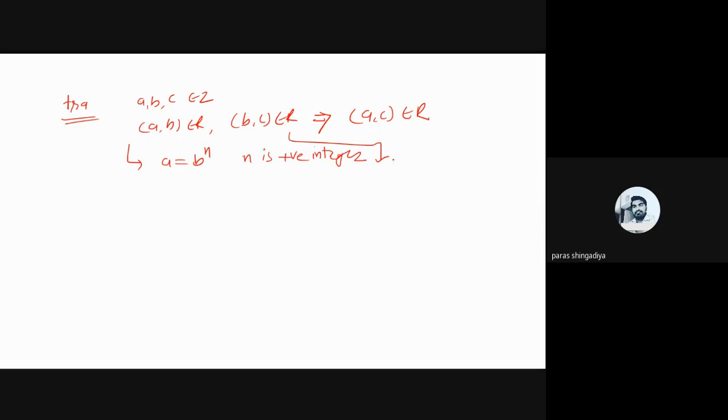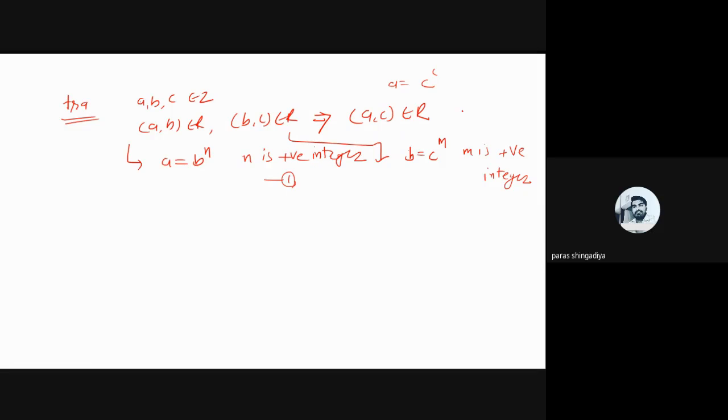Now for bc belongs to R. When we say b comma c belongs to R, it means b can be written as c raised to m, where m is a positive integer. So by using these proof formulas, we will check that a comma c also belongs to R. We have to prove that a can be written as c raised to any power which is a positive integer.